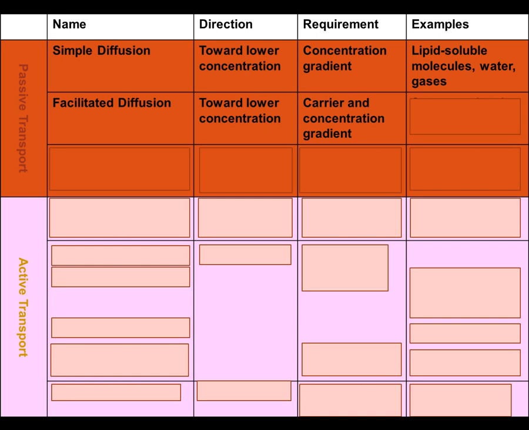So what kind of substances do you think we could transport thanks to facilitated diffusion? Substances that are larger or polar. I'm trying to think of something that's non-polar that's big.